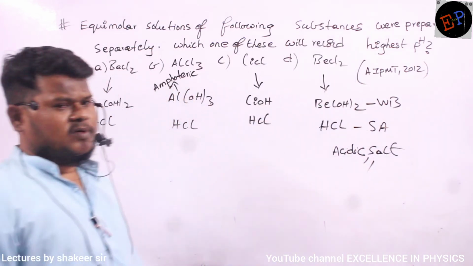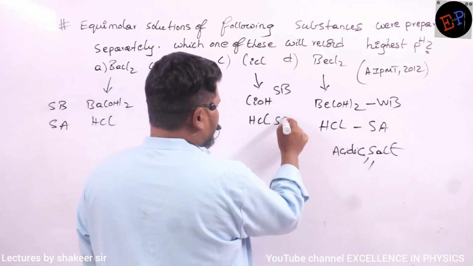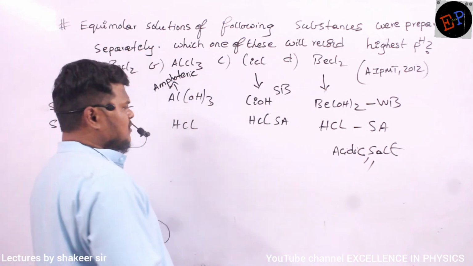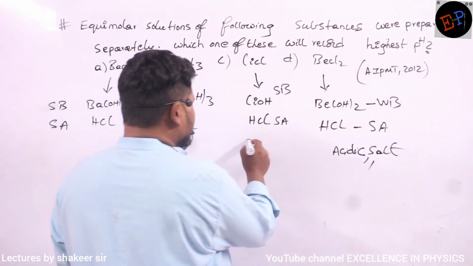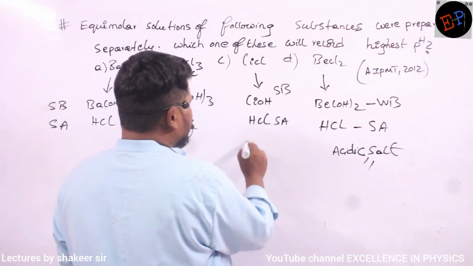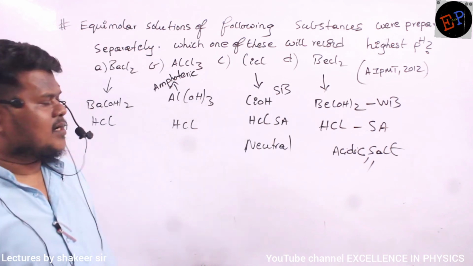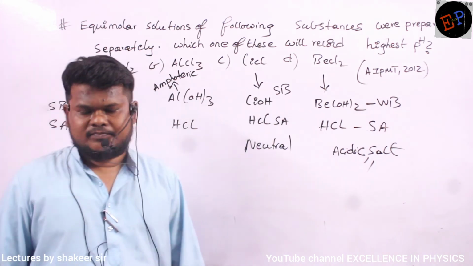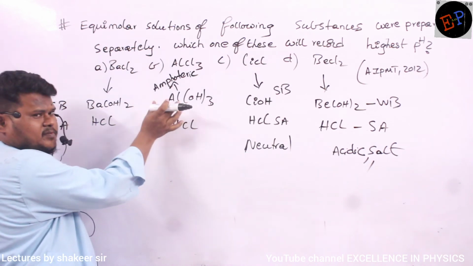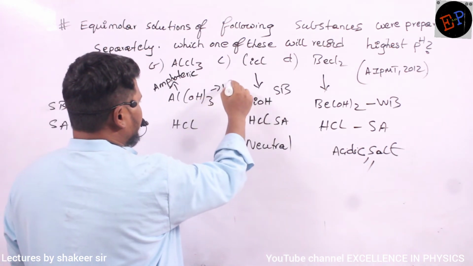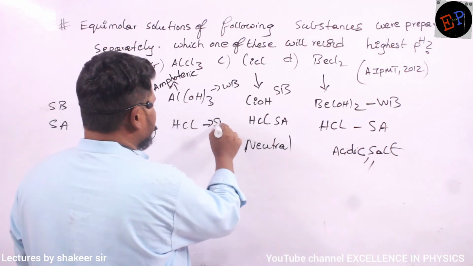Now come to LiOH and HCl. LiOH is a strong base, HCl is a strong acid. So what kind of salt is this? This is neutral, let us consider it neutral. And Al(OH)3 and HCl: Al(OH)3 behaves like a weak base because it is amphoteric in nature, and HCl is a strong acid.